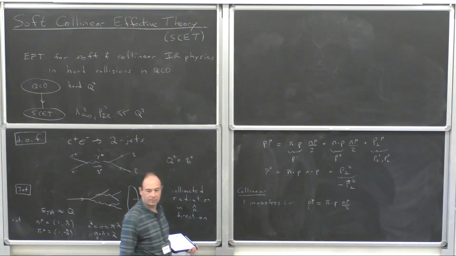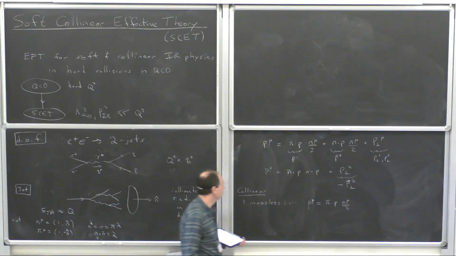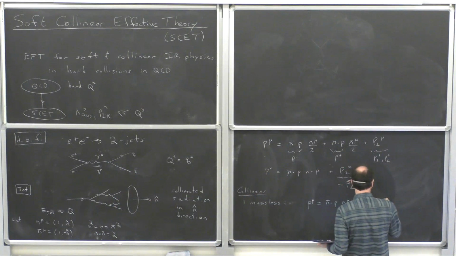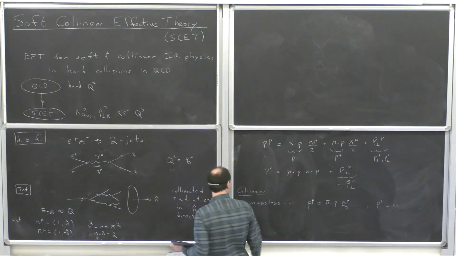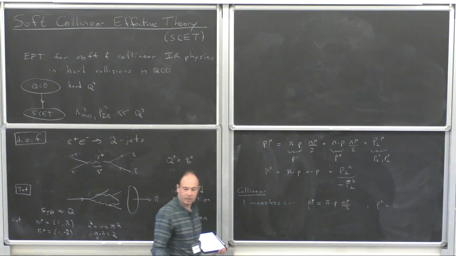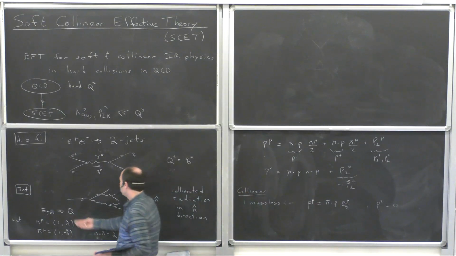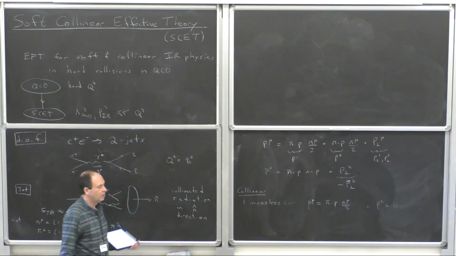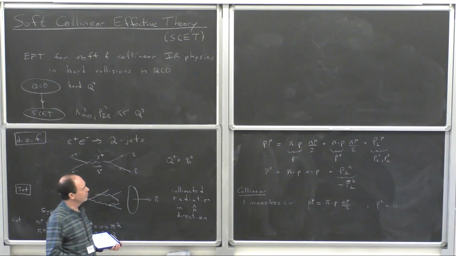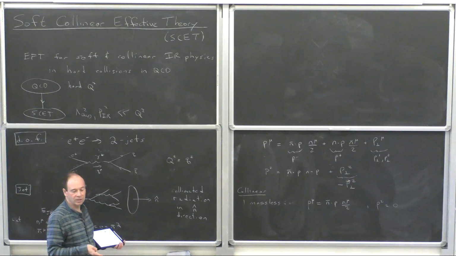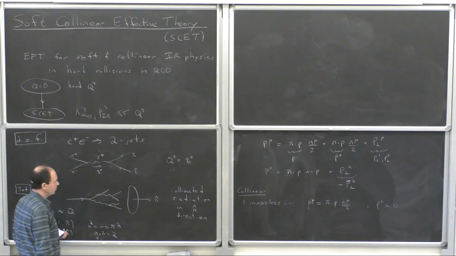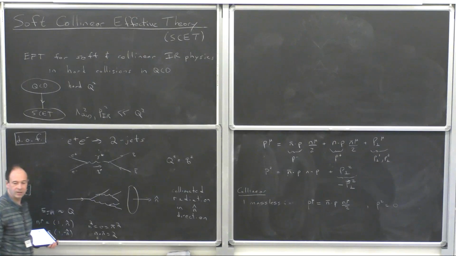N over 2 is a 4 vector that squares to 0, right? And it has a 3 direction in the direction of the jet. So we know it should be proportional to n mu. The component in front is this n bar dot p. That would be the energy of the jet, which is order Q. So we already see why these coordinates are nice, like things are traveling along a light cone. If there's just one particle, it's in this direction.